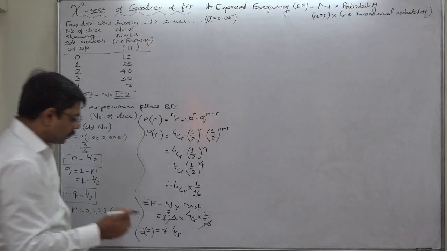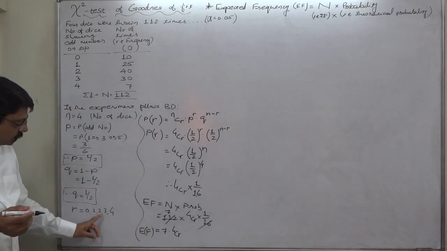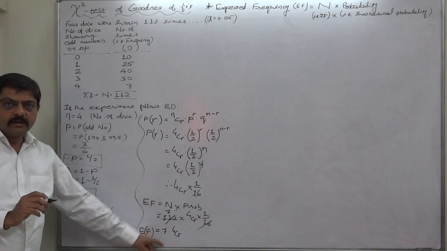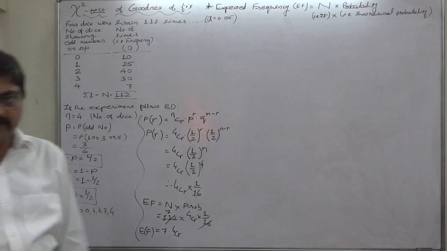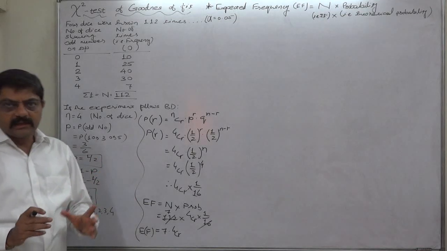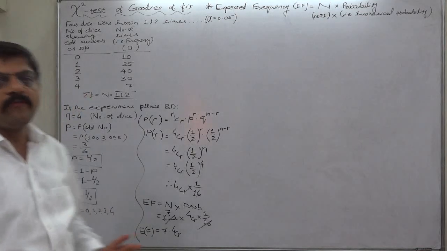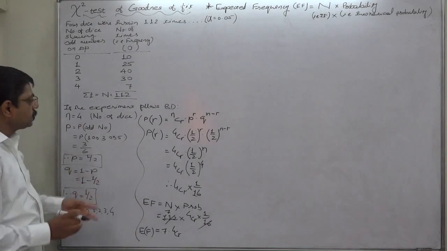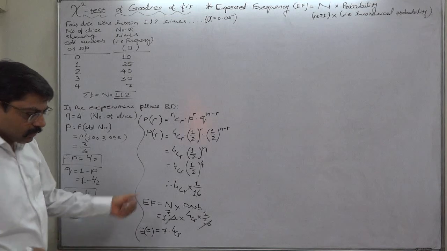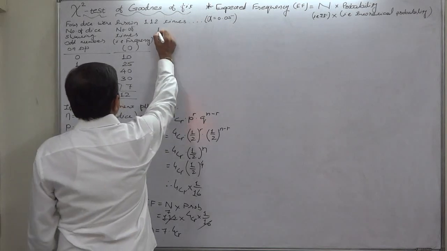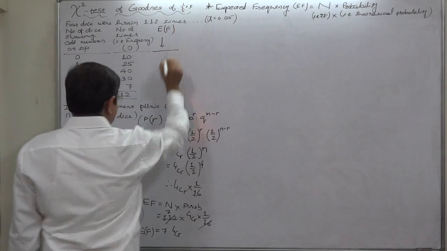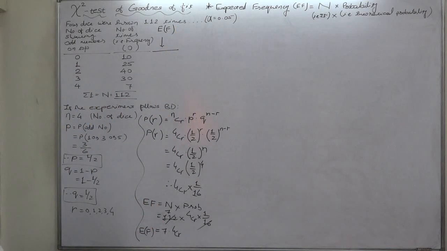If we substitute various values of R, 0, 1, 2, 3 and 4, in this derived result, we can have the expected frequency. So we are calculating the expected frequencies with the help of binomial distribution because the particular experiment follows binomial distribution. So let's calculate expected frequency. 7 into 4CR.